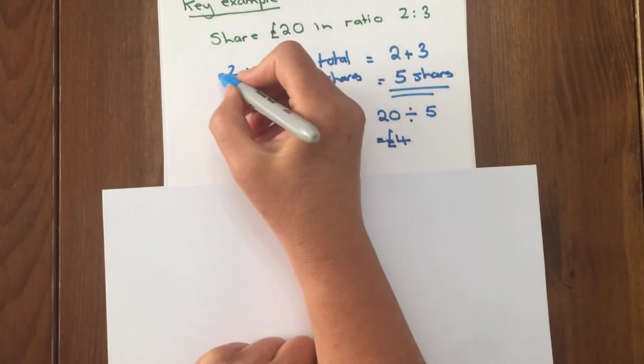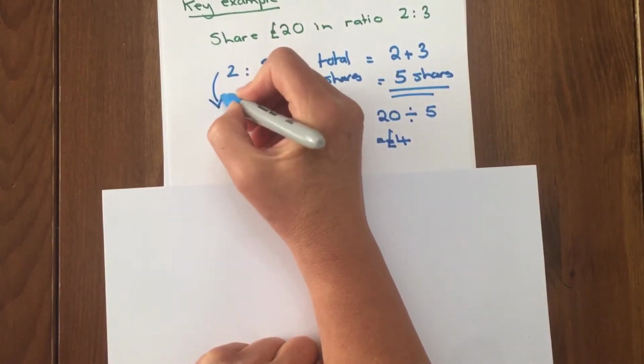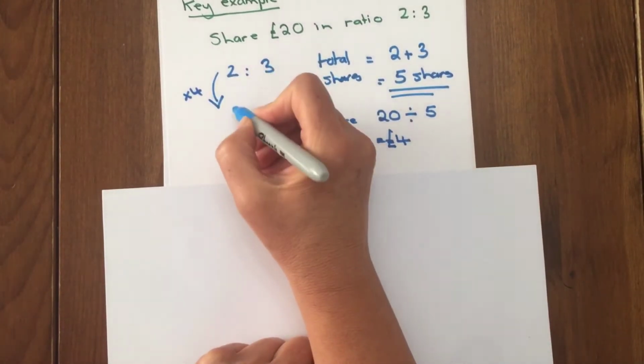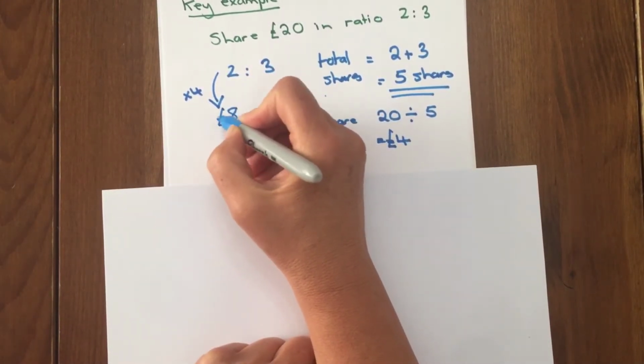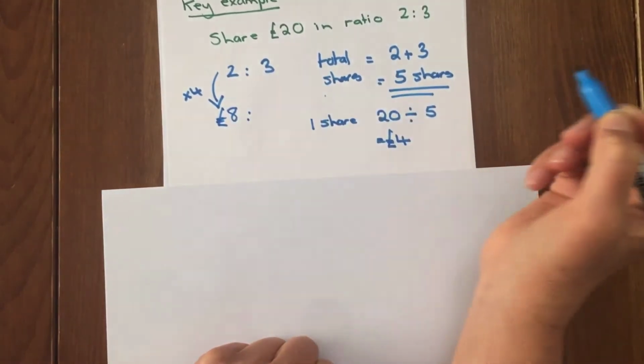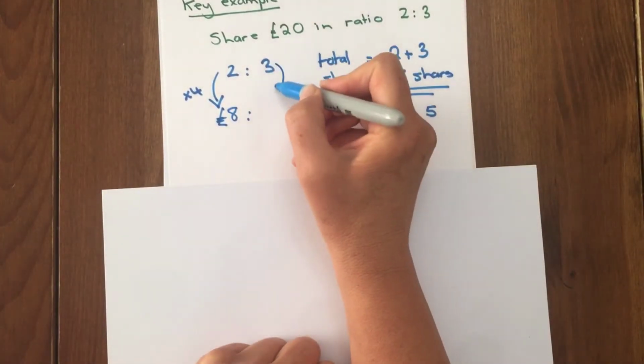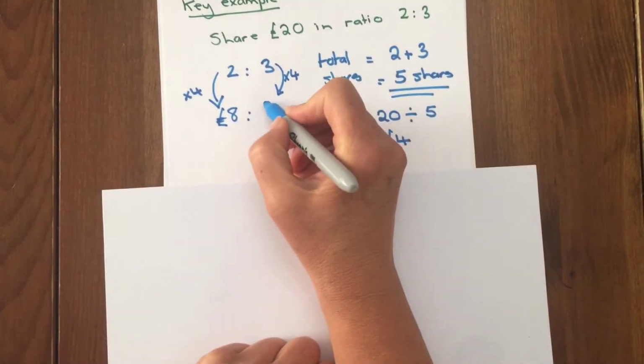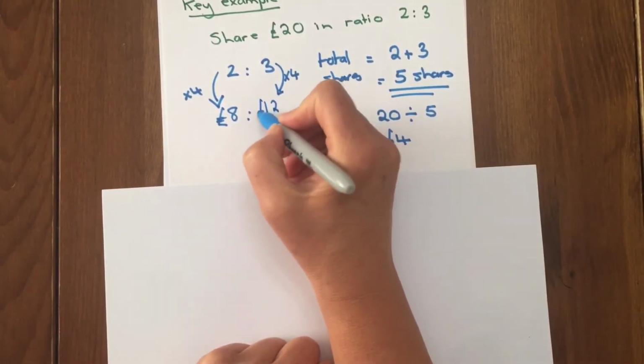Now this person here gets 2 of the shares. So if each share is worth £4, 2 of the shares is worth £8. And this one is 3 of the shares, and each share is worth £4. So 3 times 4 is £12.